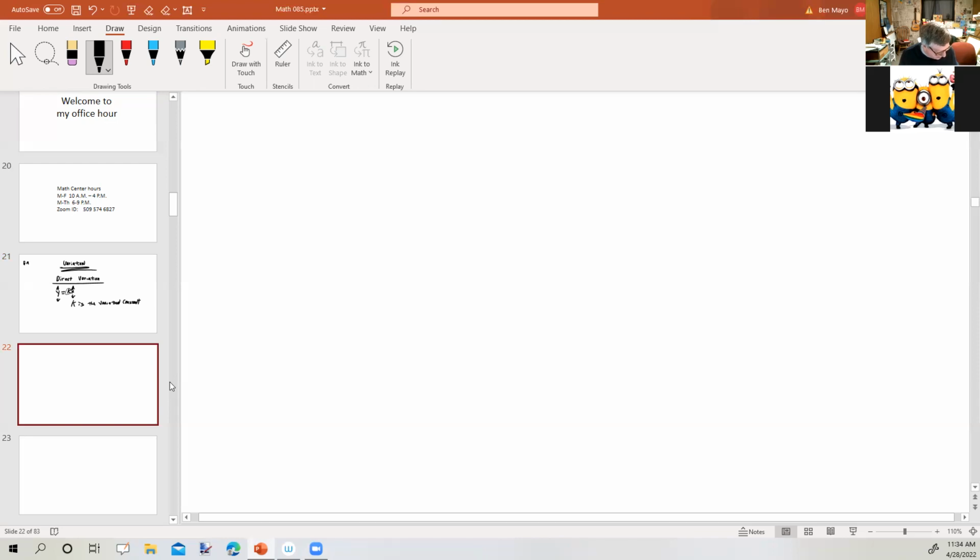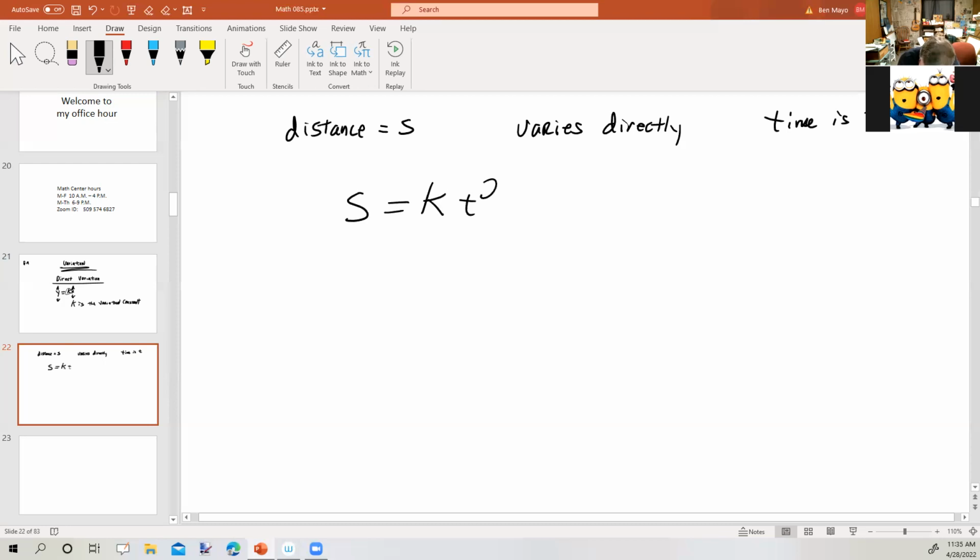So we've got an object in free fall that travels a distance s that varies directly to the square of time t. So what we get is s equals kt squared. The distance varies directly as the square of the time.